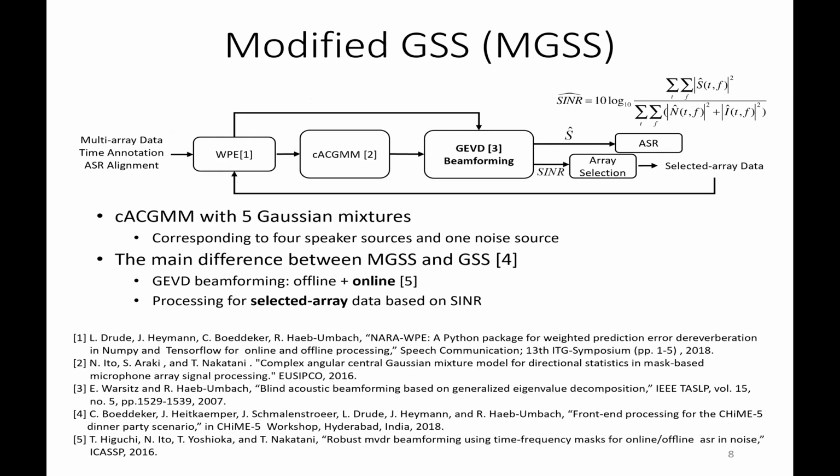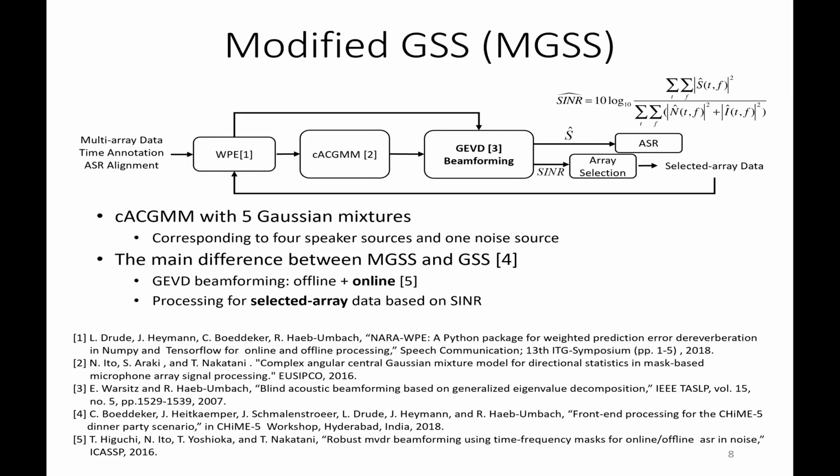Now I will introduce the details of our front end, namely MGSS and BGSS. Our modified GSS is motivated by the original GSS. We use the same WPE and CA-CGMM implementations. Here, CA-CGMM has 5 Gaussian mixtures corresponding to 4 speaker sources and 1 noise source. Our MGSS differs from GSS in several aspects.